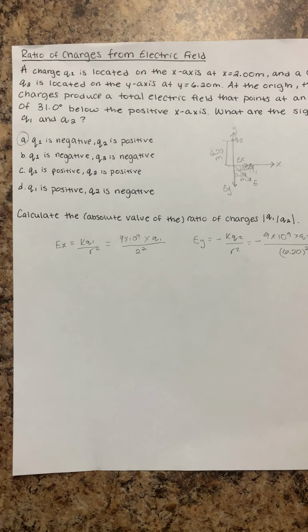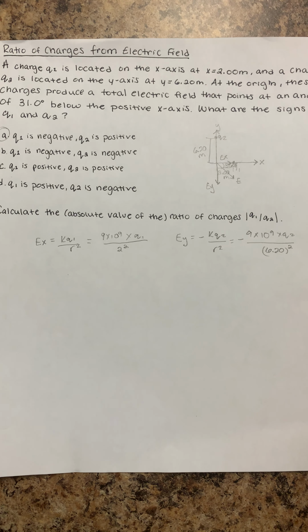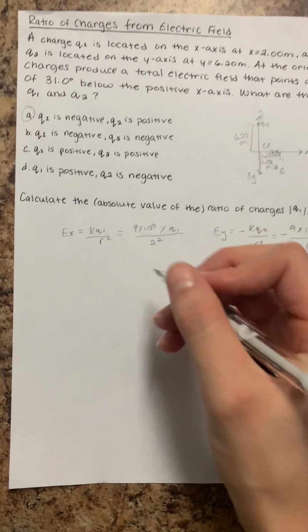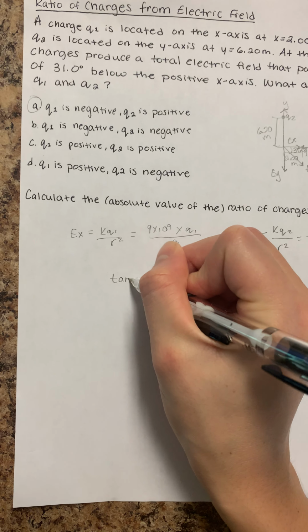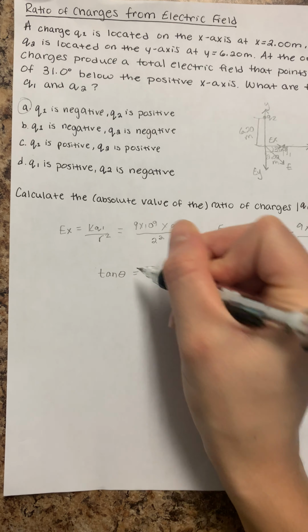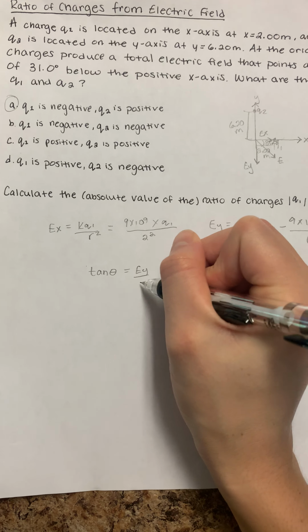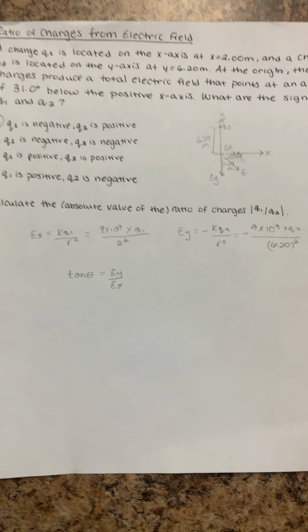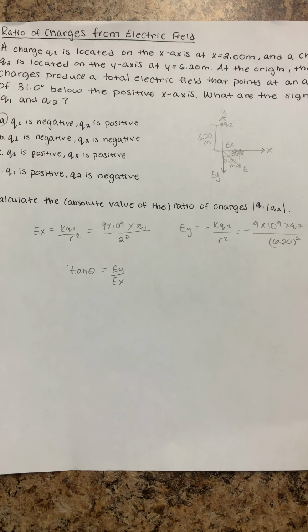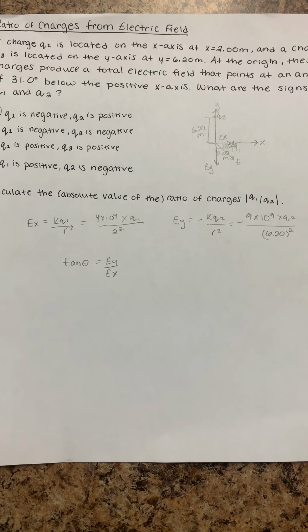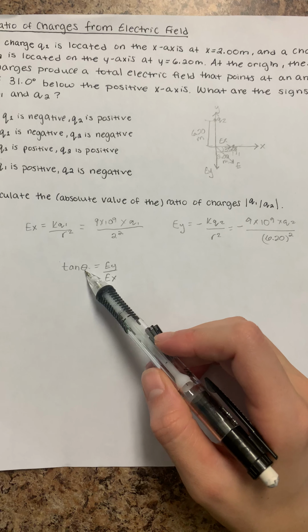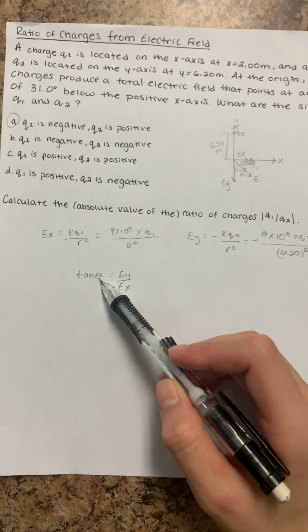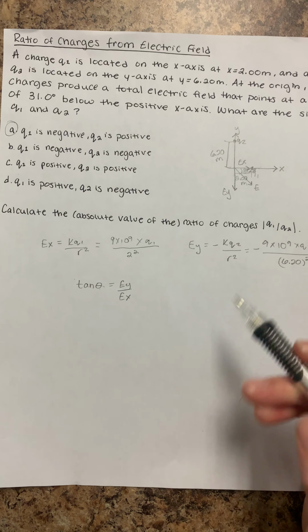Now, in order to calculate the ratio, we need to use tangent theta equals EY over EX. And we know that inverse tangent of y over x gives us a direction. And we are given theta above, which is our 31.